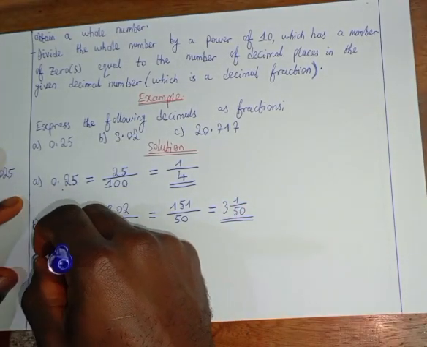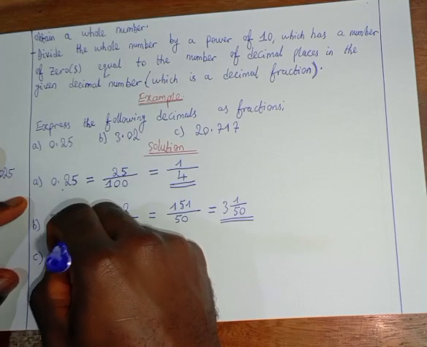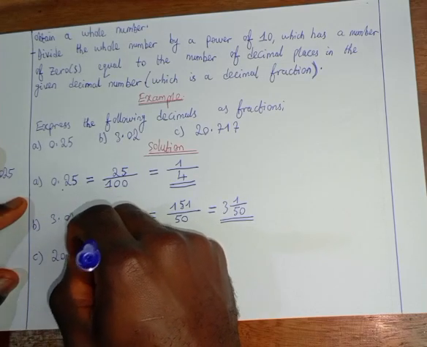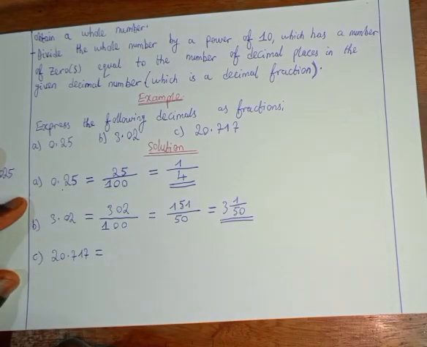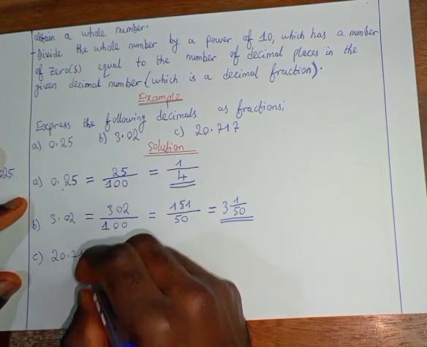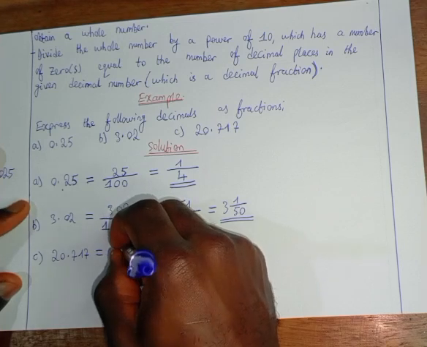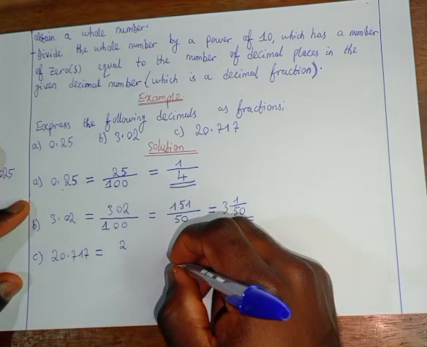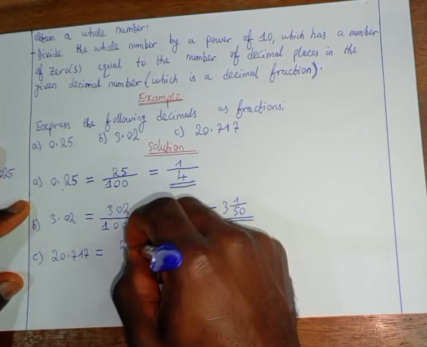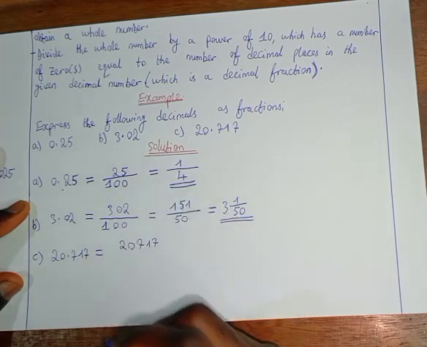We go to C, we have 20.717. First, we are going to count the number of decimal places. We have 1, 2, 3. Next, we ignore the decimal point. This will give us 20,717.